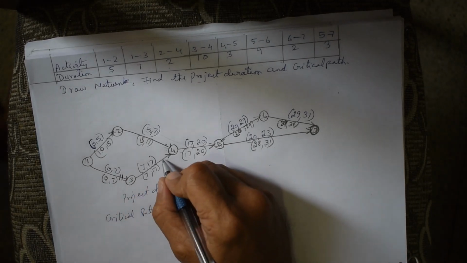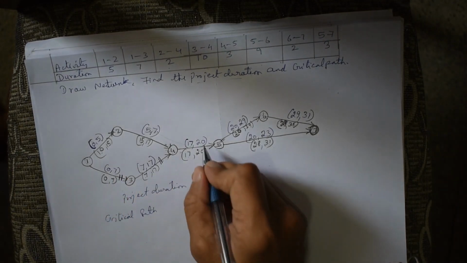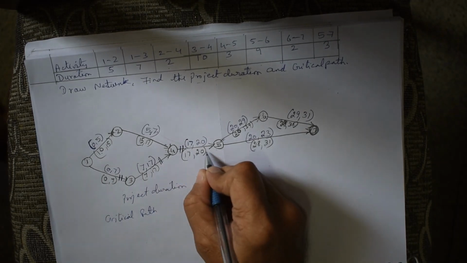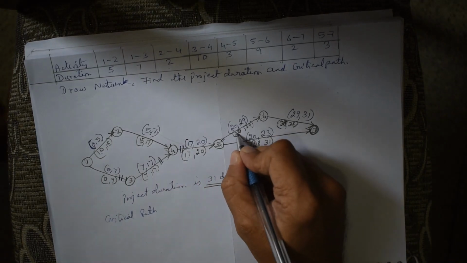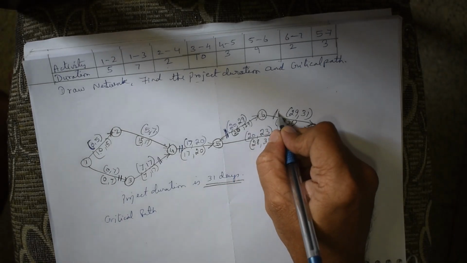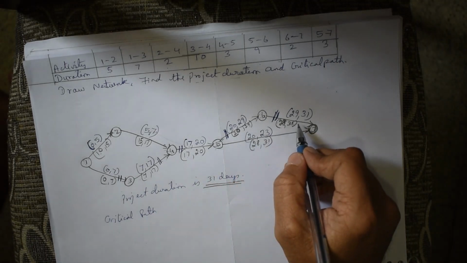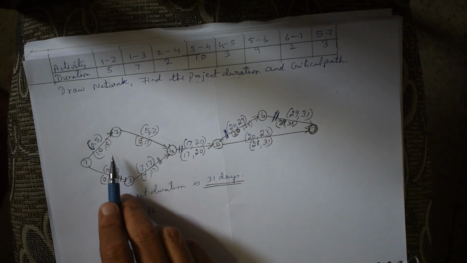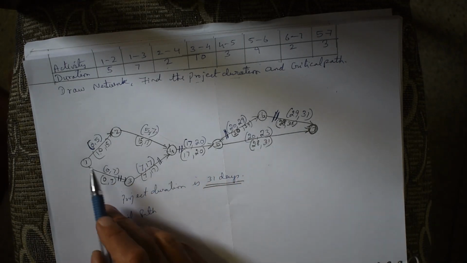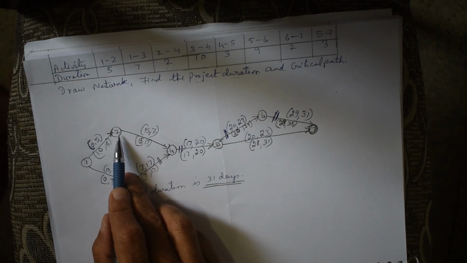Similarly, you can track this activity continuously. 7, 17; 17, 20; 20, 29; 29, 31. So I have just marked an equal sign over here. The activities which I have not marked equal are non-critical. For example, 1 to 2 I have not marked because the timings are not the same.